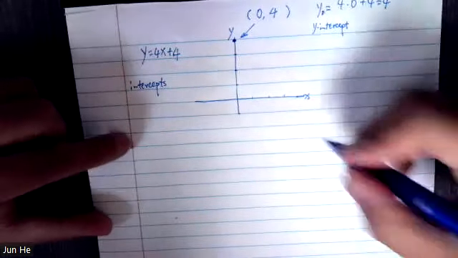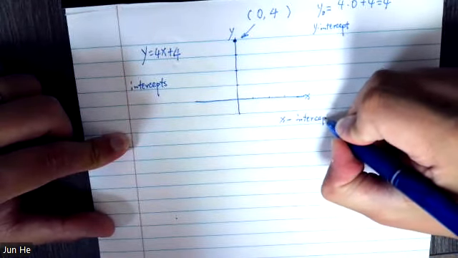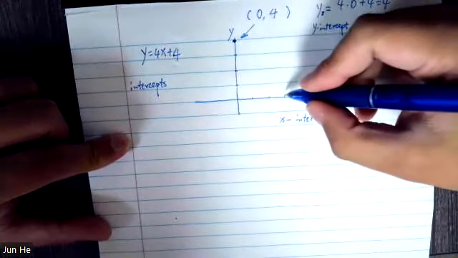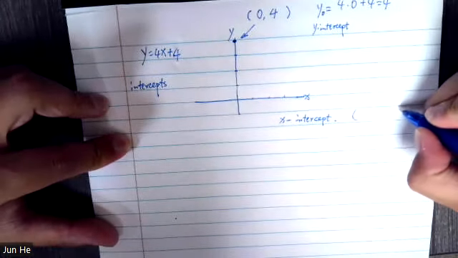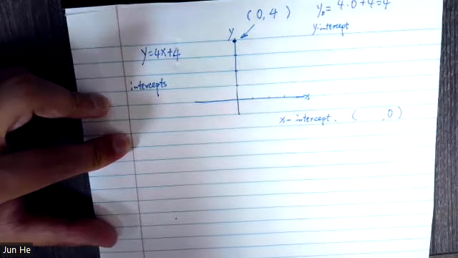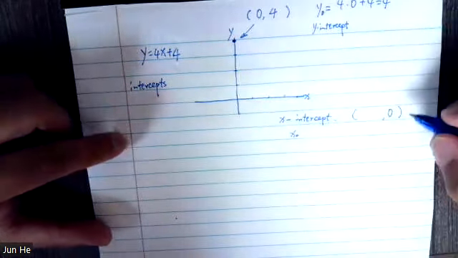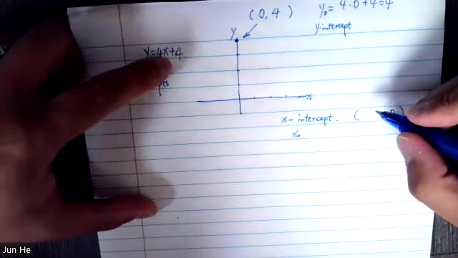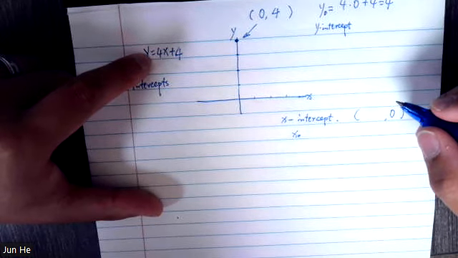Now we need to work out the x-intercept. That's where the line intercepts with the horizontal axis, meaning there is no height, right? And the x-intercept is x0, so we need to solve for x so that y equals 0.